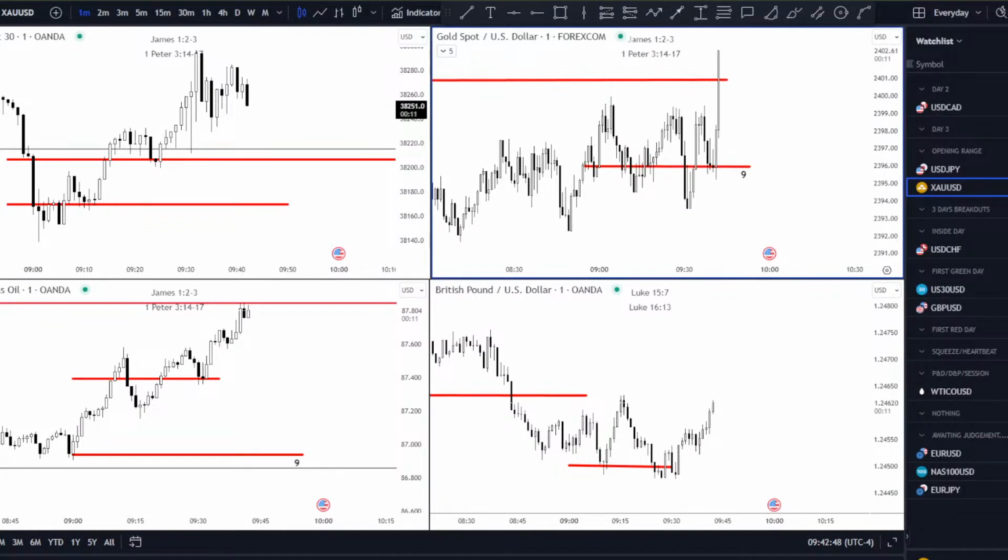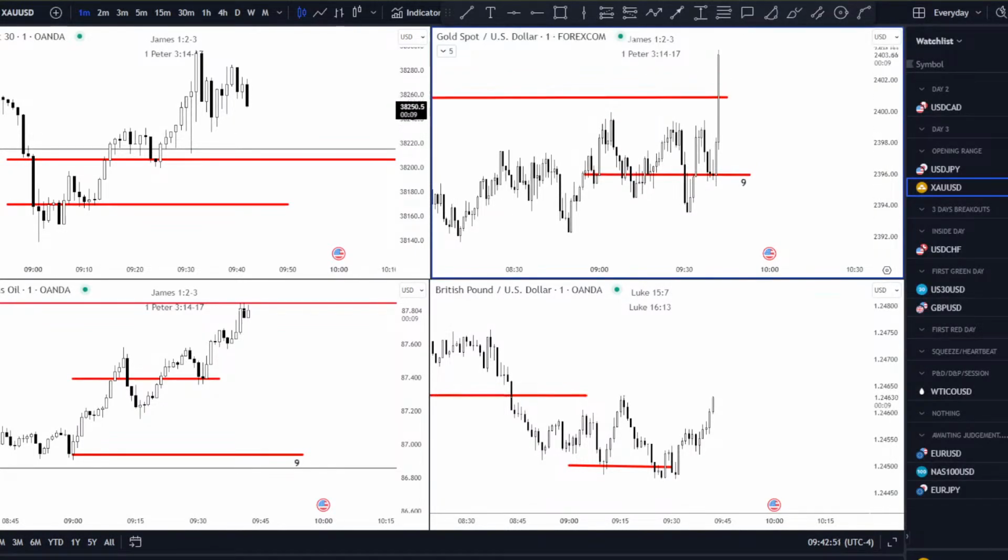Yep, there goes gold. We're going to blow out everyone's accounts real quick. Good stuff.